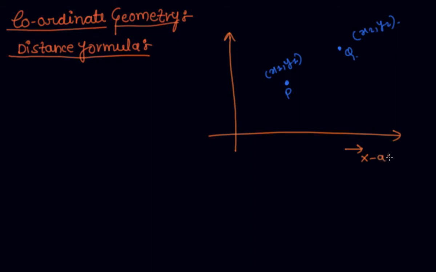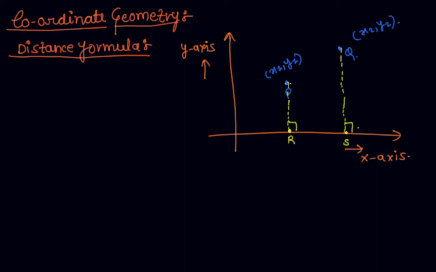This is the x-axis and this is the y-axis. Let us draw a perpendicular from P on the x-axis and also a perpendicular from Q on the x-axis. This point is R and this point is S.